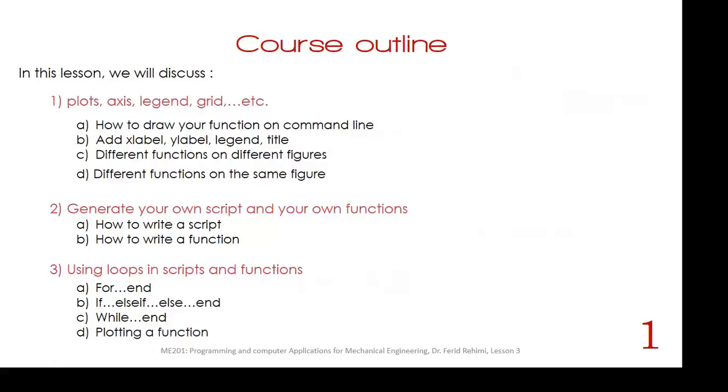So how to draw your function on the command line, how to add the labeling on the x and y axis, the title, the different functions or different kinds of figures. Because when you draw a classical function, this is a curve, but when you are drawing a pie chart for statistical analysis or a histogram or a bar chart, this is another type of plot.